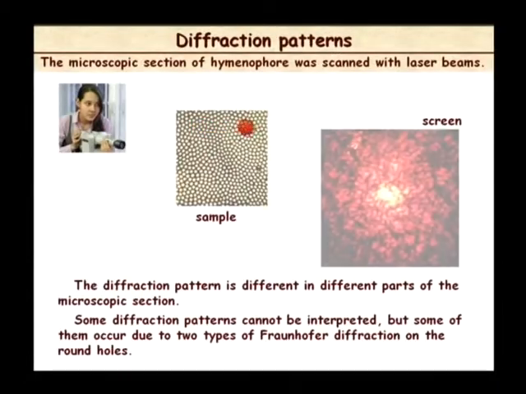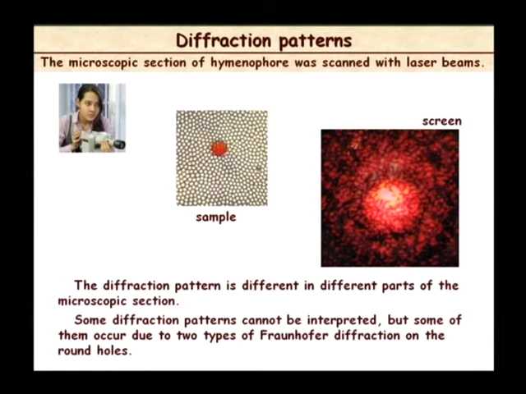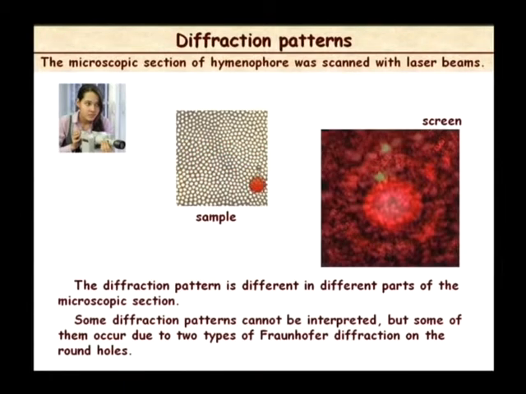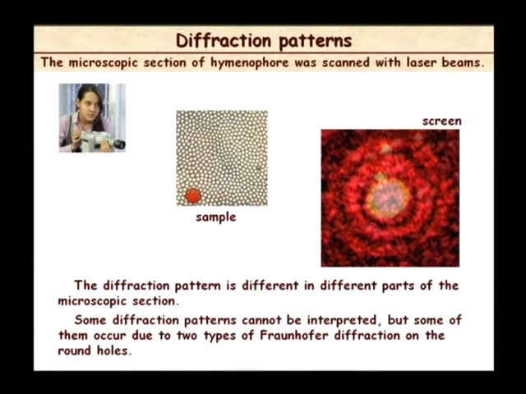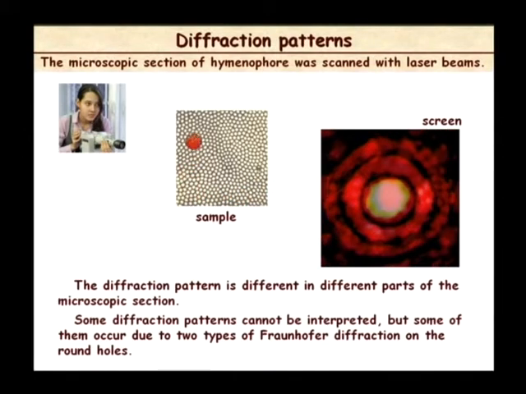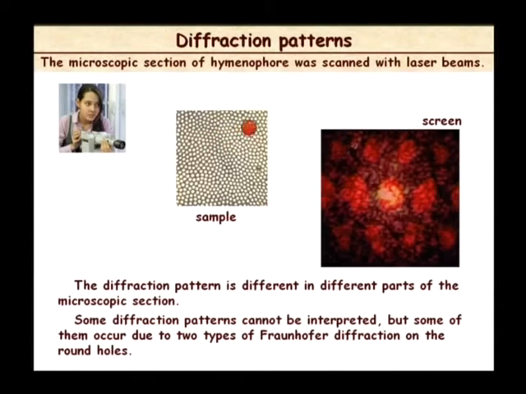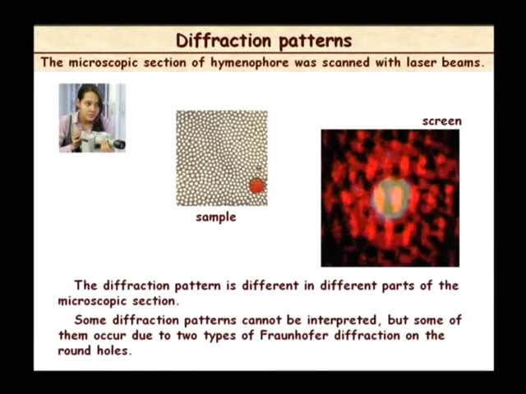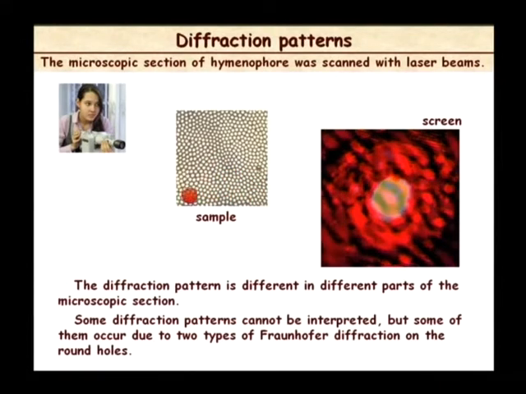What did we observe during the experiment? When the laser beam got onto different parts of the surface, we observed different diffraction patterns. We managed to identify two different kinds of diffraction.